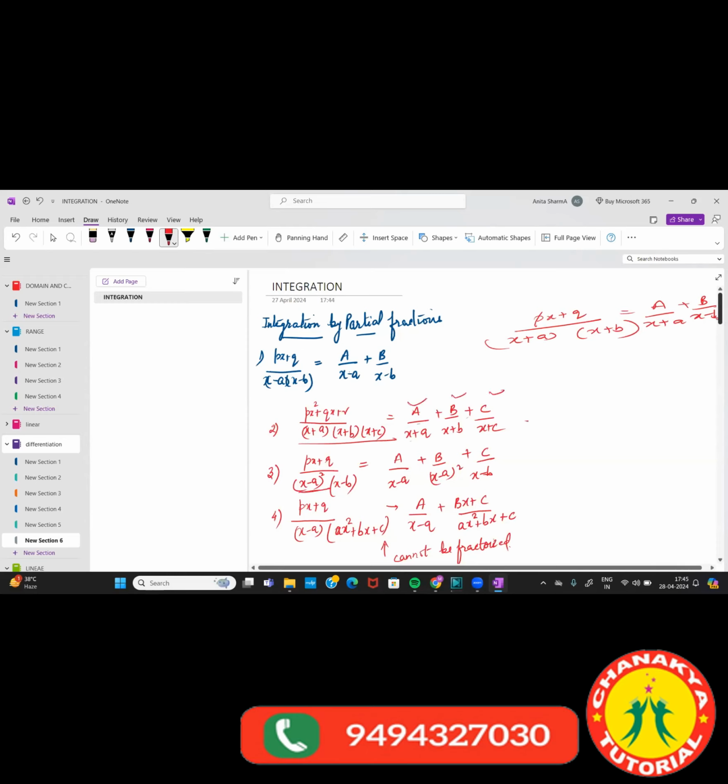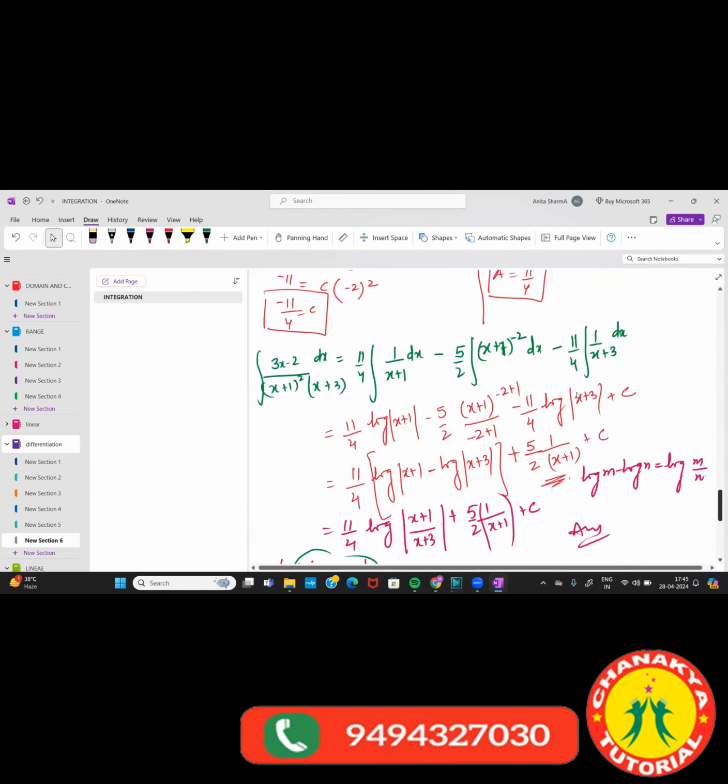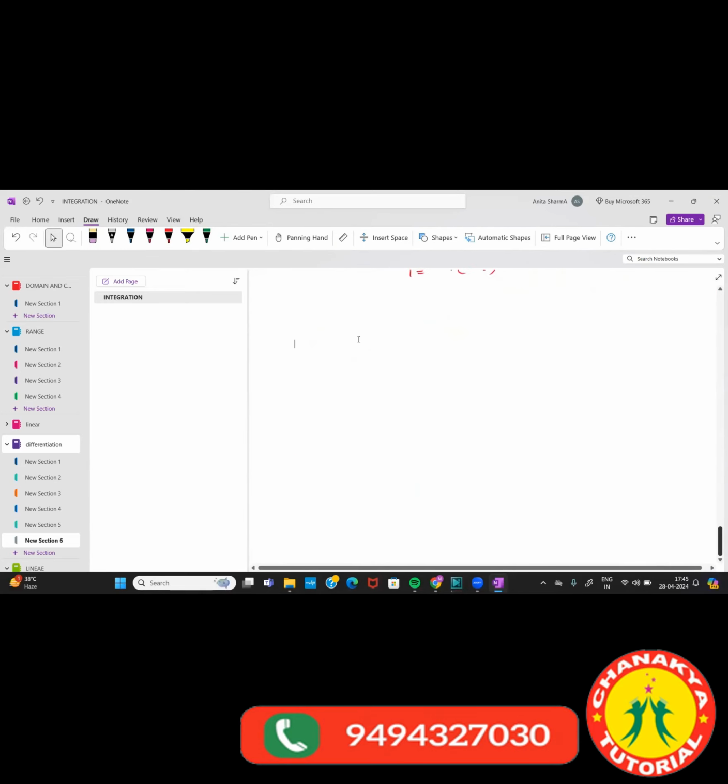Now, if one fraction is in square, like (px + q) upon (x − a) whole square into (x − b), suppose this type of fraction comes.